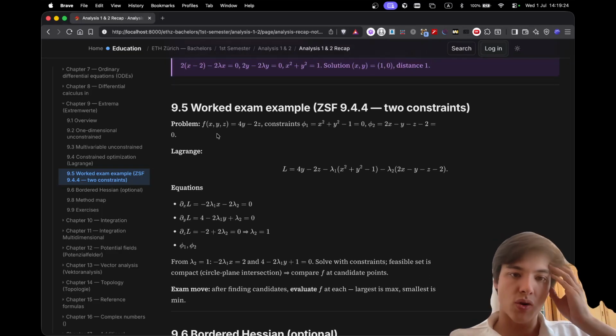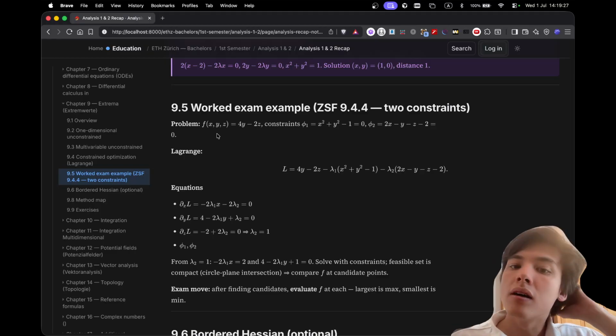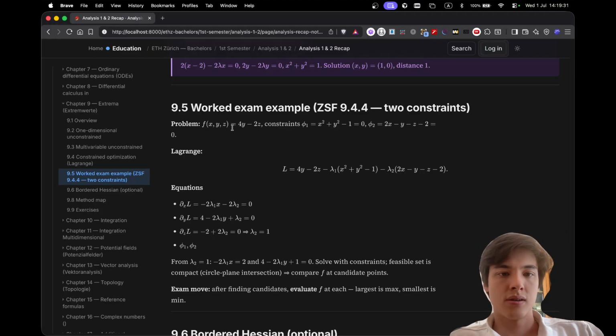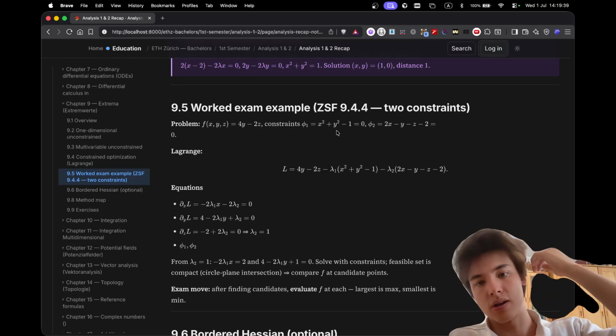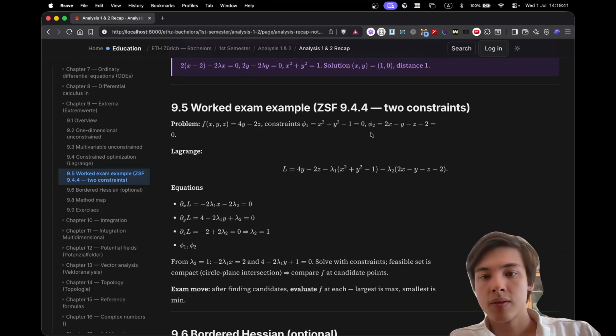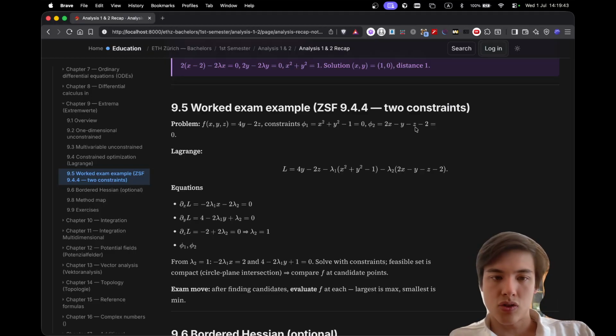So we have something more complex. We have multiple constraints. So this function is y minus 2x, 2z. The constraint of x squared plus y squared equals 1. And yeah, and this constraint.